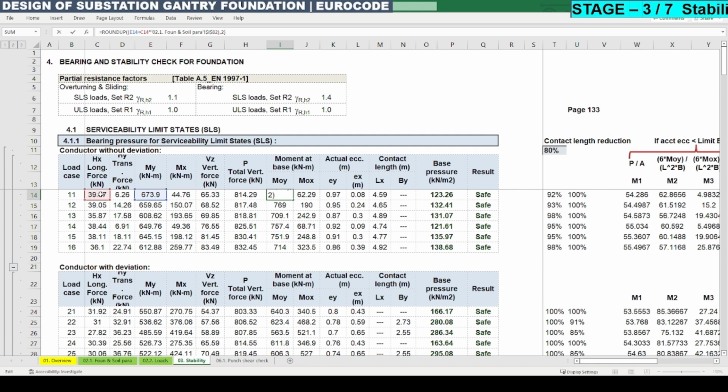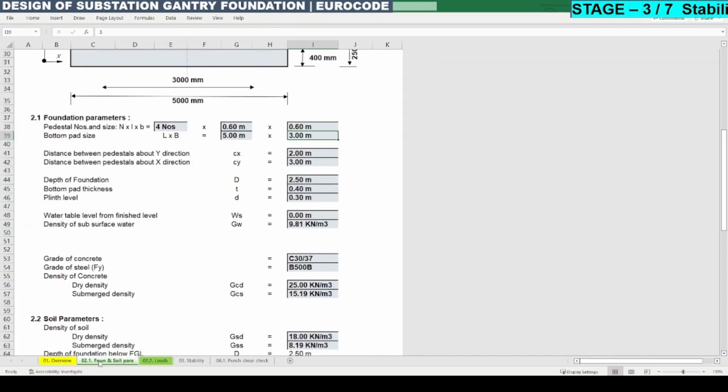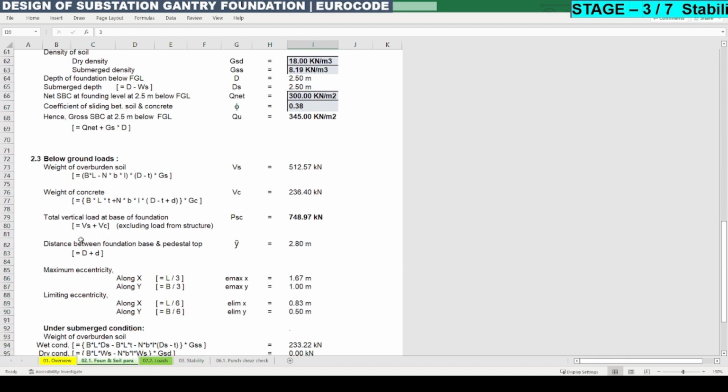The moment at base is nothing but My plus the horizontal force, which appears at the top of the pedestal or very bottom of the structure, multiplied by the top to bottom depth of the foundation, that is the lever arm distance which we calculated here as y bar.